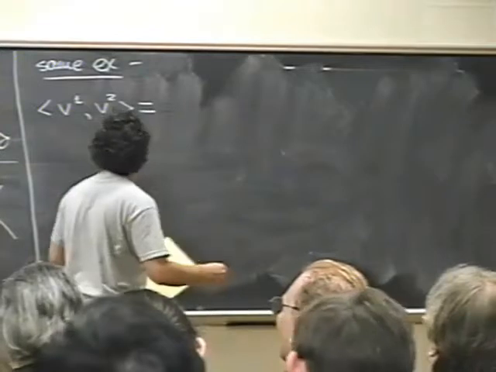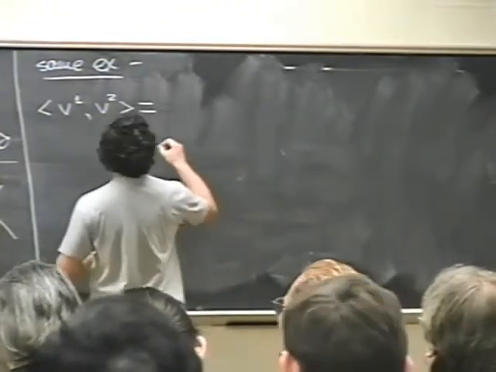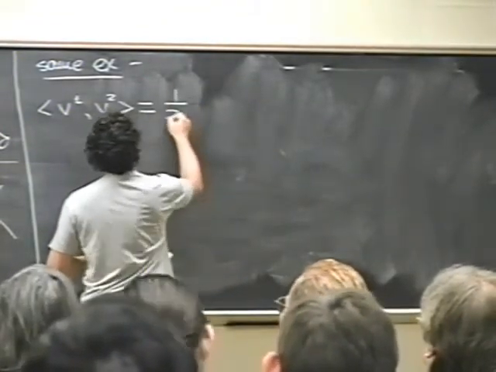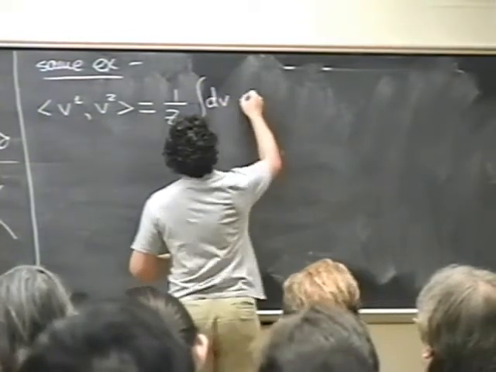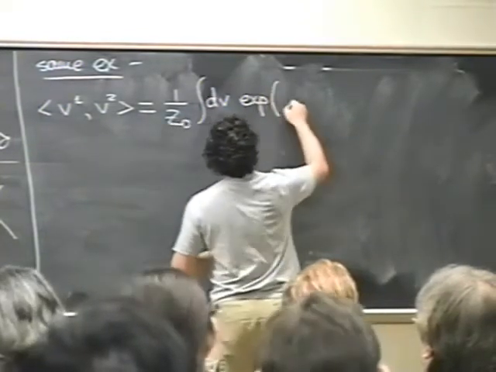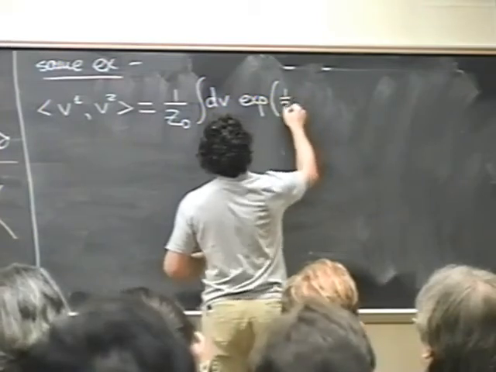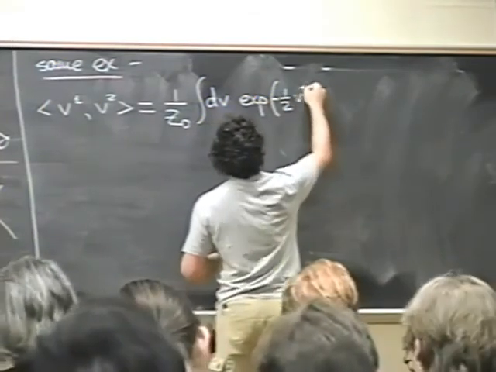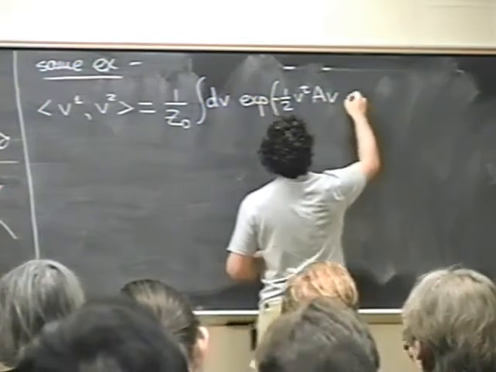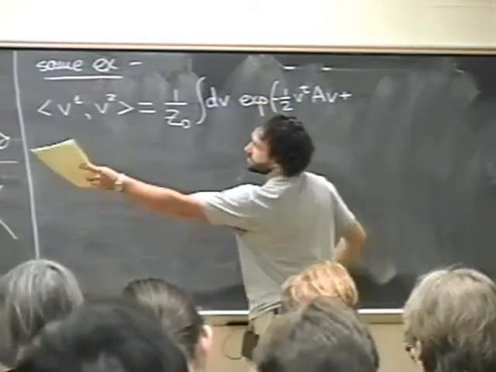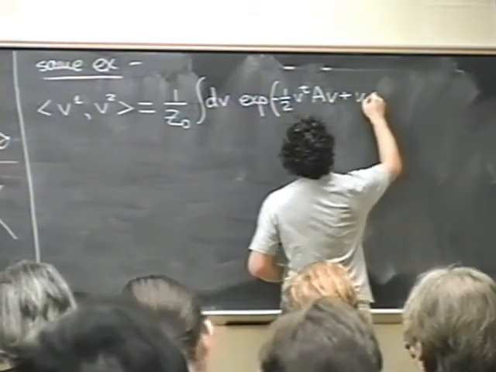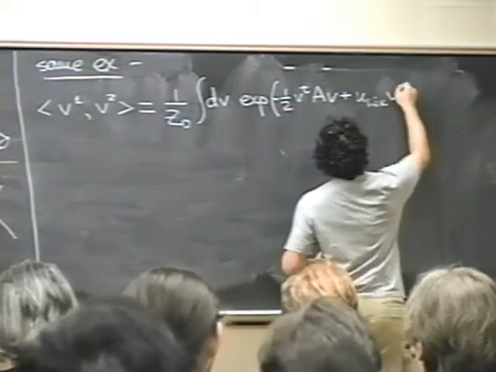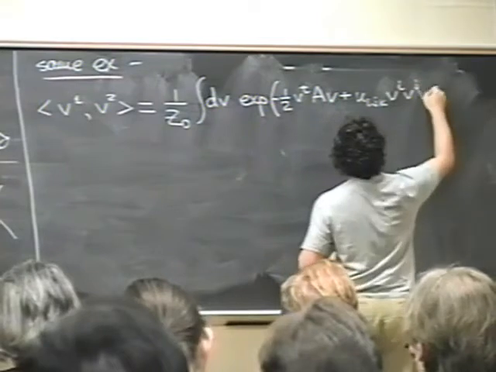So I would like now to compute 1 over Z0 integral dv of the exponent of minus half dt v plus this cubic term, u_ijk v_i v_j v_k.